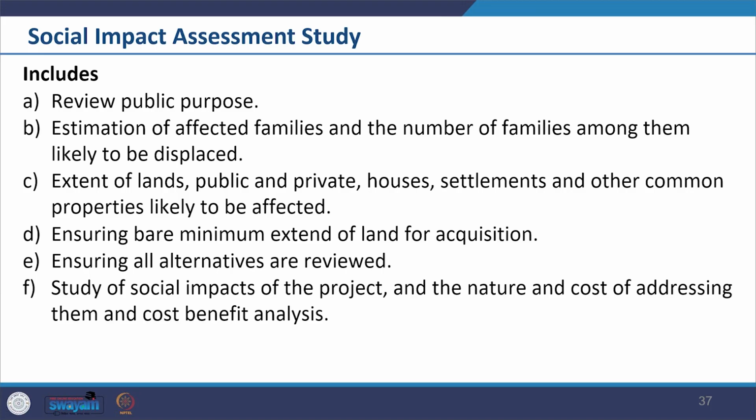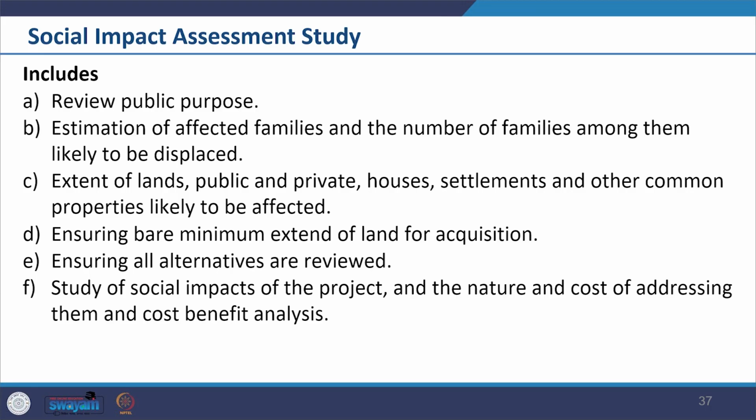As per the Act, the study has to include an assessment of whether the proposed acquisition serves the public purpose or not, and an estimation of the affected families, the number of families among them likely to be displaced. Then it also needs to look into the extent of lands, how much land will be occupied, and public and private houses, settlements and other common properties likely to be affected by the acquisition. So all of that needs to be seen here.